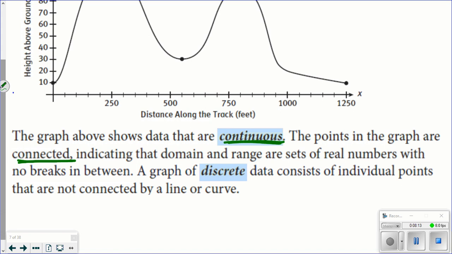Indicating that the domain and range are a set of real numbers with no breaks in between. So continuous is connected with no breaks. A graph of discrete data consists of individual points that are not connected by a line or a curve. So discrete are individual points, no line or curve.